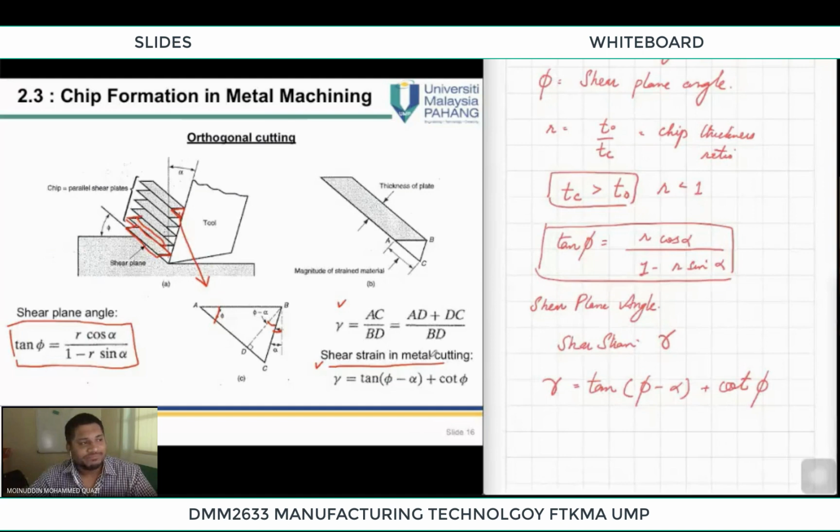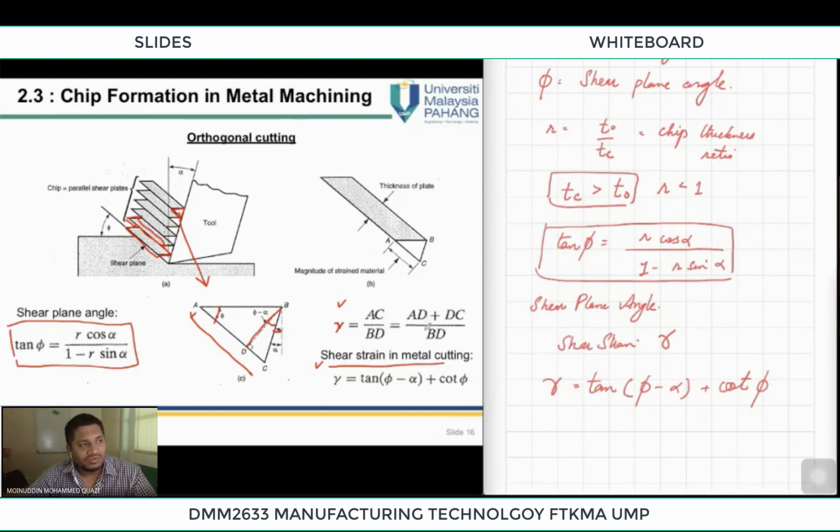Just to see, this shear strain is equal to AC, the longitudinal dimension, whole divided by BD. Now AC can be divided into AD and DC. So AD plus DC whole divided by BD.